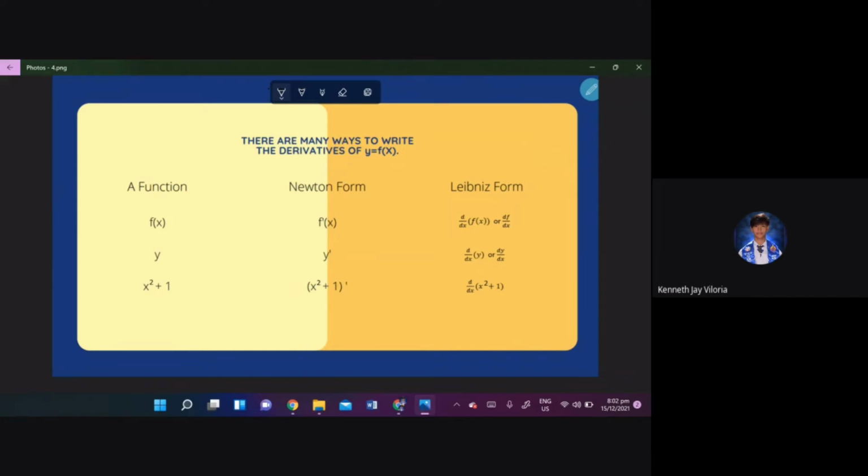For a function y, in Newton form it is y prime, and in Leibniz form it is d over dx of y or dy over dx. For the function x squared plus 1, in Newton form it is x squared plus 1 prime, and in Leibniz form it is d over dx of x squared plus 1.